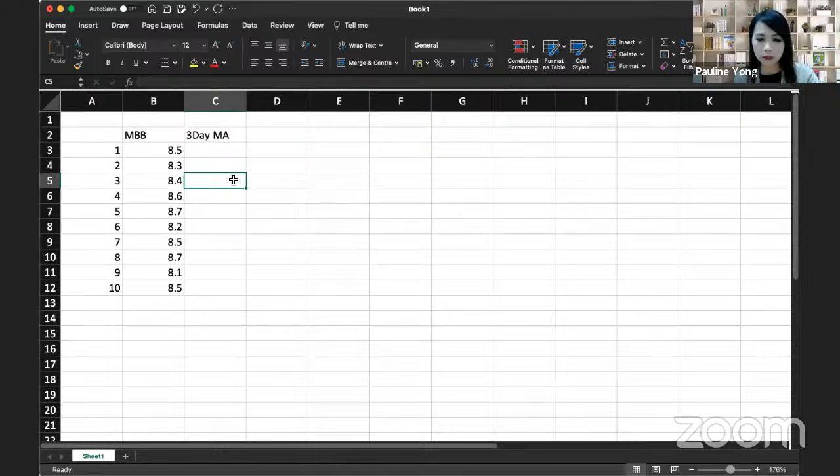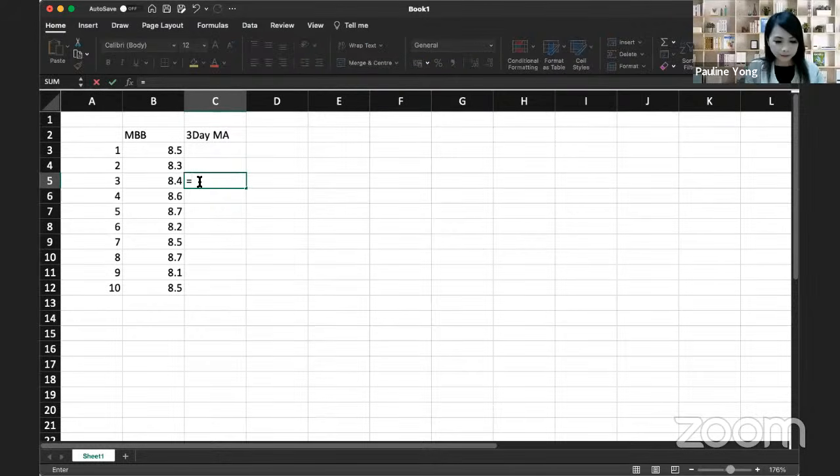This is a simple moving average. So it's equal to sum, open bracket, highlight this, close bracket, divided by 3. That's how you get the 3-day moving average for the past 3 days.